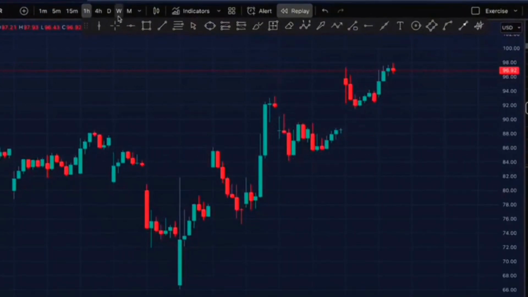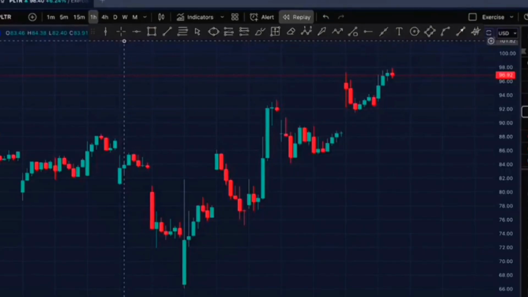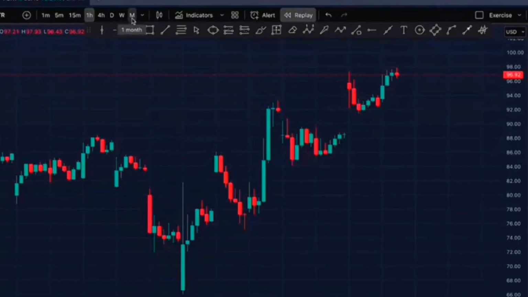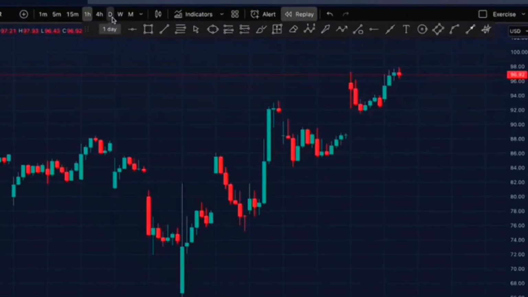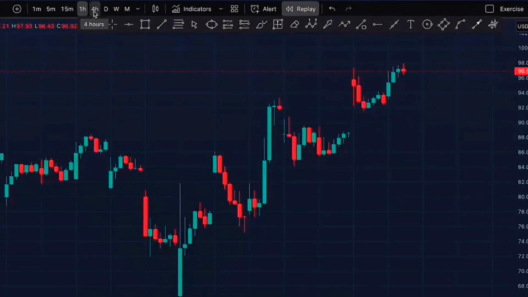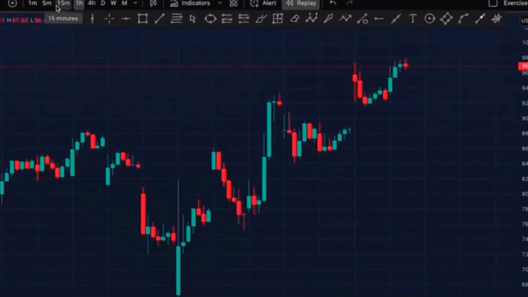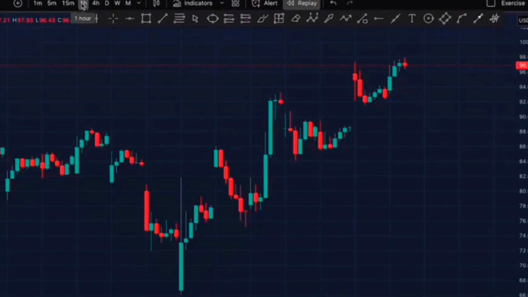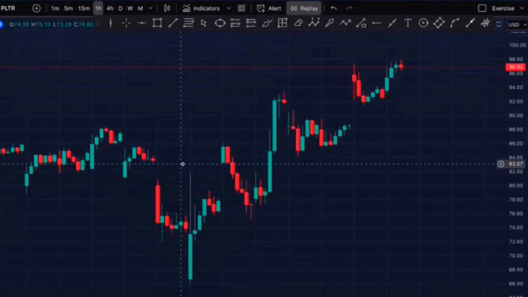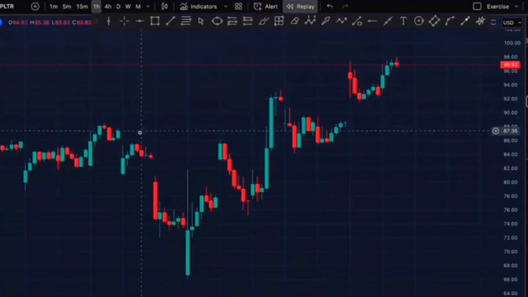And we have the timing here, okay? When you are dealing with the monthly, you can combine it with the daily, the weekly with 4 hours, 4 hours with 15 minutes, 1 hour with 15 minutes, 5 minutes. It depends on how you want to combine this timing.